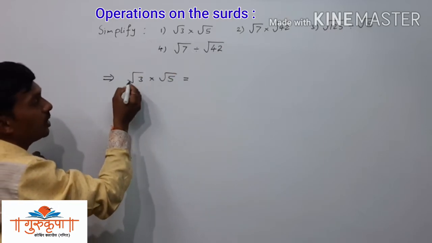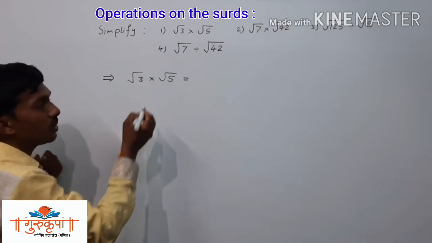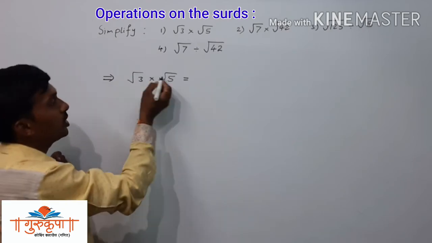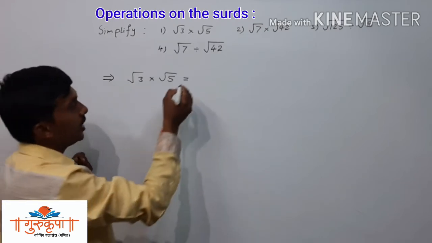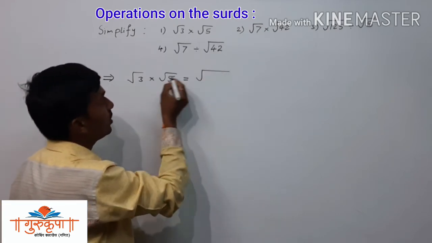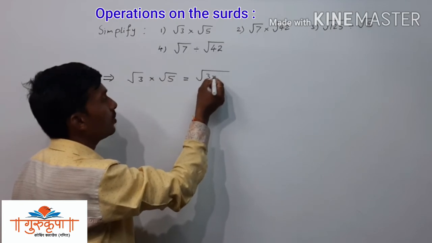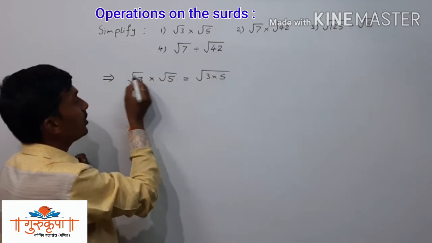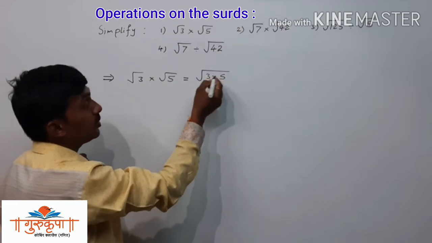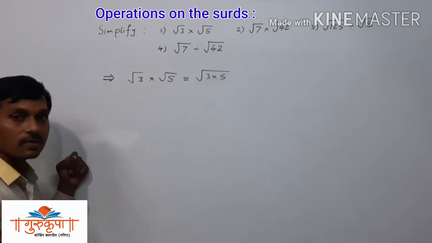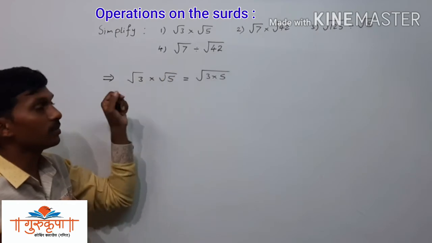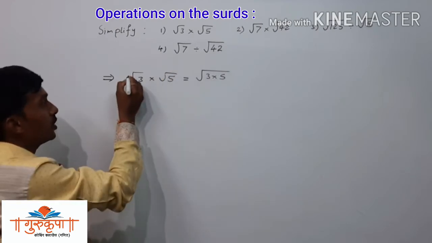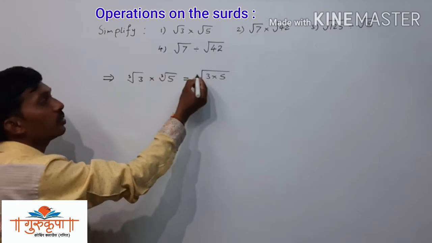Now we can multiply. Here we have square root of 3 and here we have square root of 5. Both the surds have the same order, so we can multiply, and you can write them into the same radical, that is 3 multiplied by 5. Both have the same order, so we can write them into a single radical sign. Suppose you have cube root here and also cube root here, so you can write cube root here also.